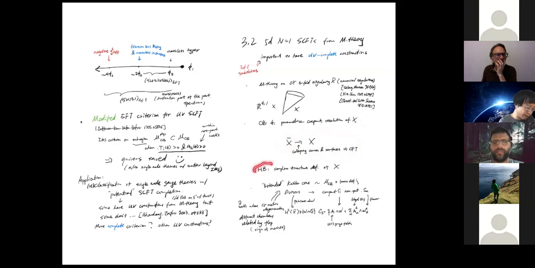A slightly less discussed quantity is the Higgs branch associated with the threefold singularity, which corresponds to complex structure deformations of the singularity. In the rest of the talk, I'll mostly focus on the Coulomb branch.